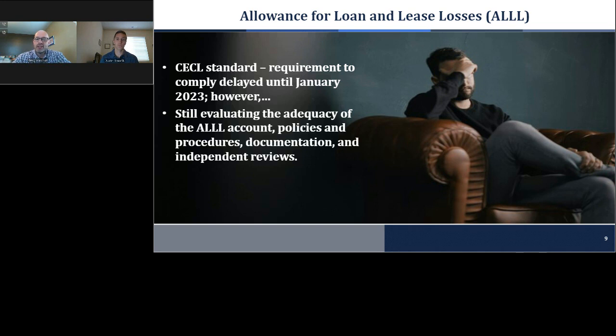They still have to look at the allowance methodology, though, at the exam. So they're still looking at the allowance account in accordance with Accounting Standards 450 and 310, and still need to consider the relevant and available information when assessing the collectability of the loan.